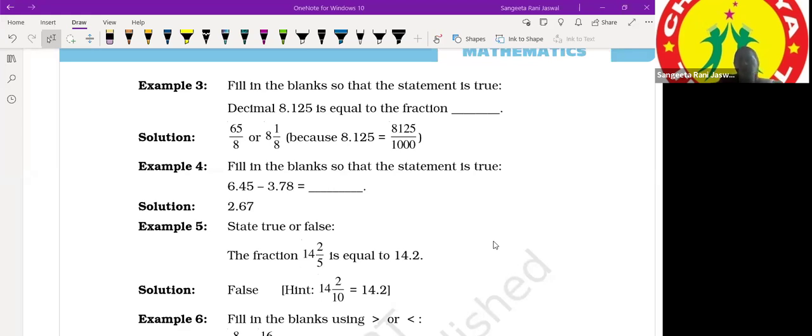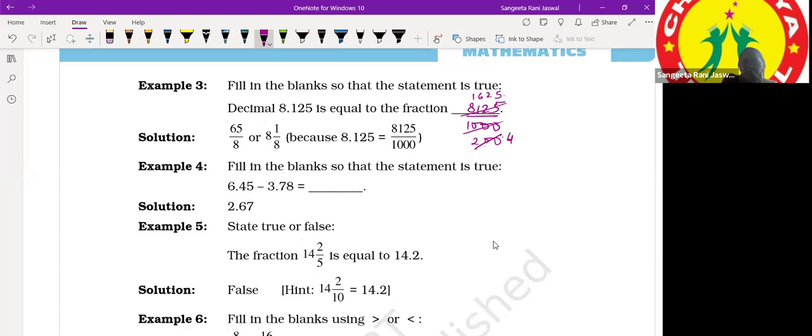See, when you have three numbers after the decimal place, you will write it like this, 8125 by 1000. And then you simplify it further. Okay, it can be reduced by 5. So 5 twos are 10, 5 ones are 5, and we get 1625 by 200. Again it can be reduced, so let's take 5 again.